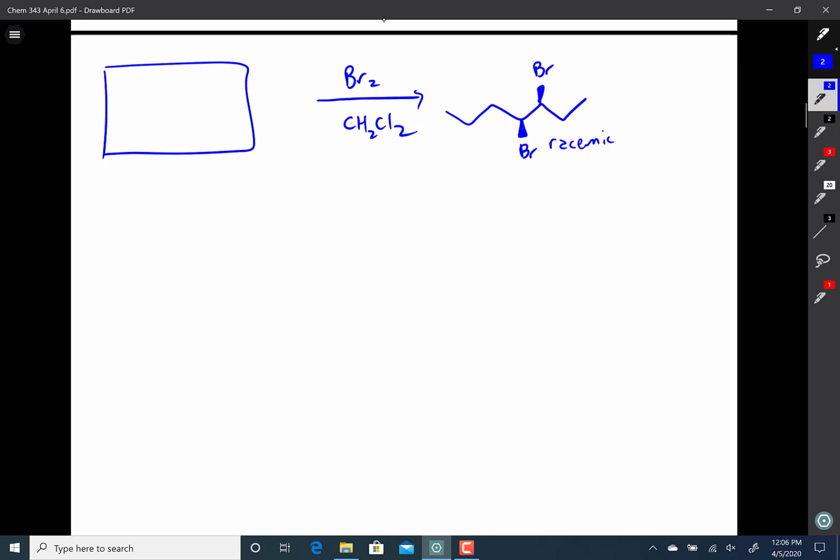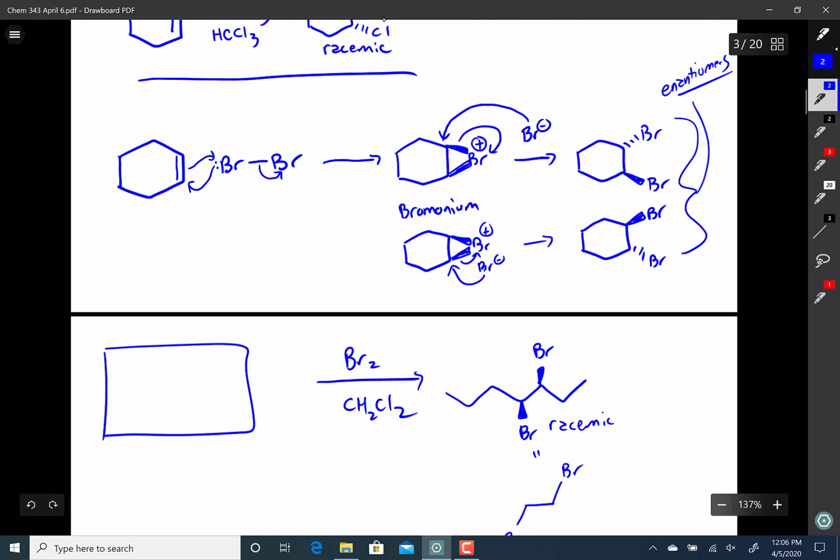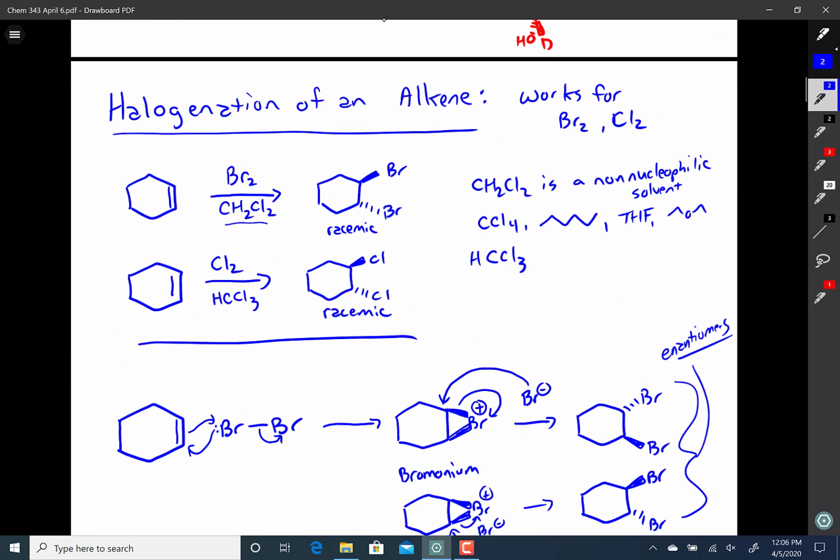The way you figure out which alkene you use is you have to redraw the molecule so the bromides are anti to each other. Because bromination and chlorination adds 2 Brs or 2 Cls anti to each other.